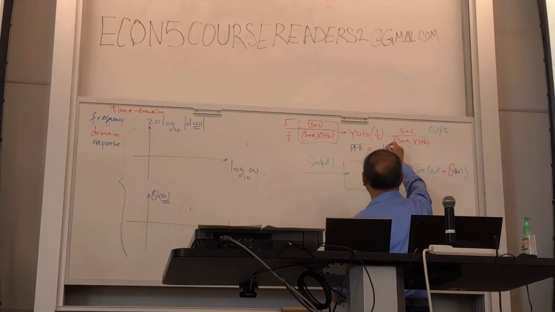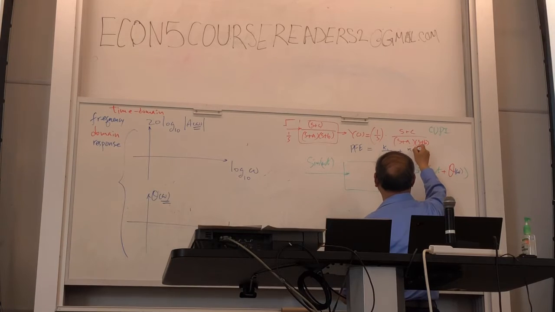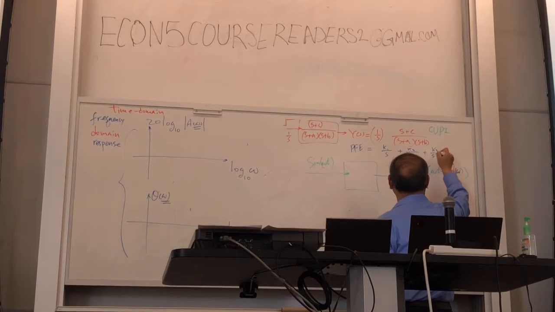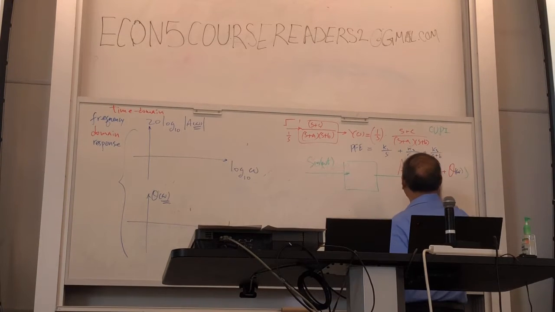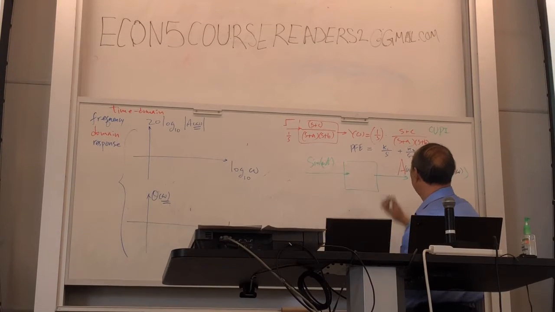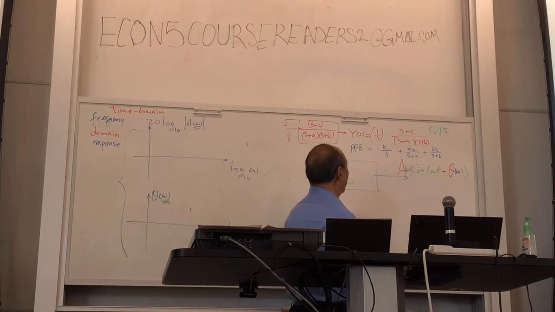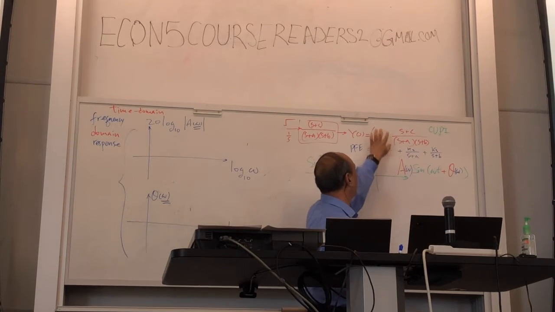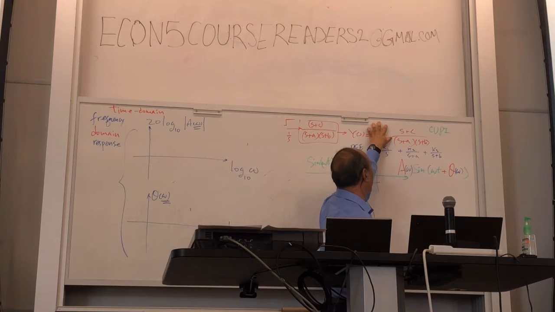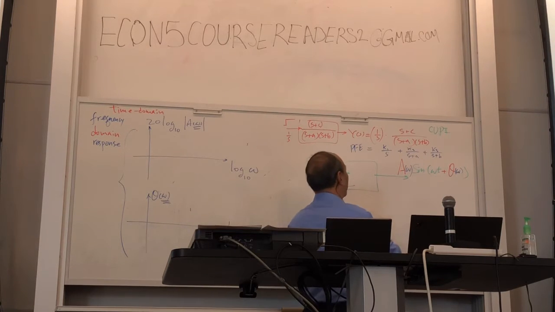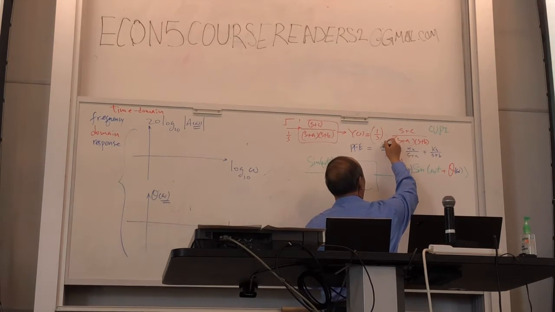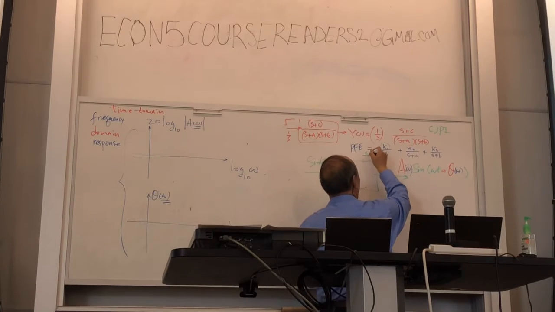So you write K1 over S plus K2 over S plus A plus K3 over S plus B. So what is K1? When S is 0, then we cover up this S. Insert S is 0 because the pole is 0, so you get C divided by AB. So this K1 will give you C divided by AB.